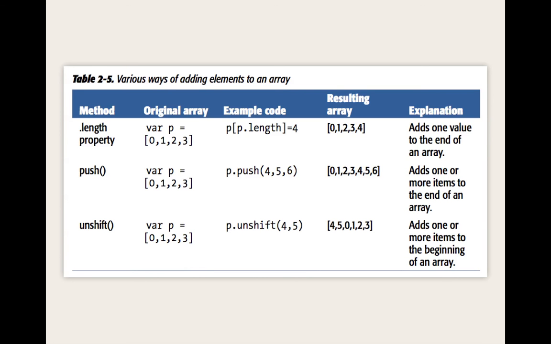Length is interesting because it's more of a property and more of a noun than a verb. So if you want to know the length of an array, how many things are in it, you'd say the array name dot length, and the result of that code is the length of the array.